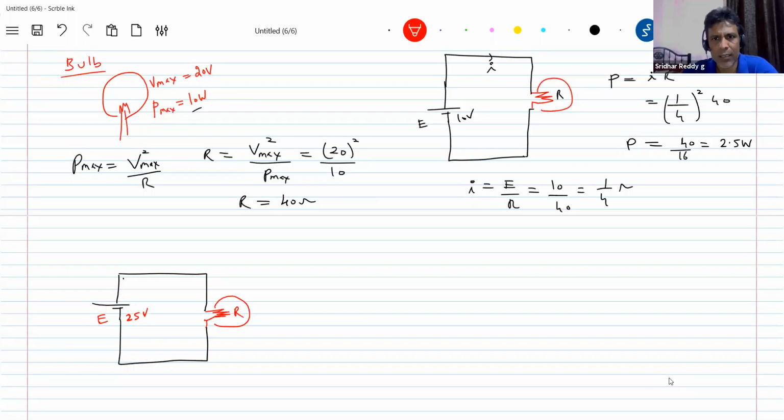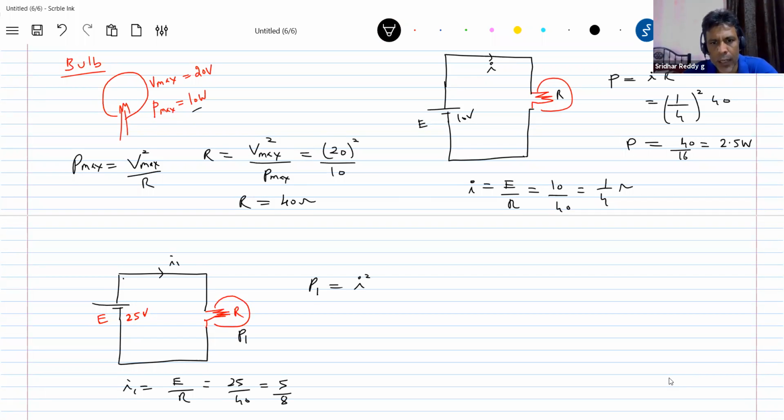What is the current in the circuit? Let the current flowing be I1. So I1 is equal to E by R, 25 by 40, 5 by 8. Let's calculate the power dissipated here.